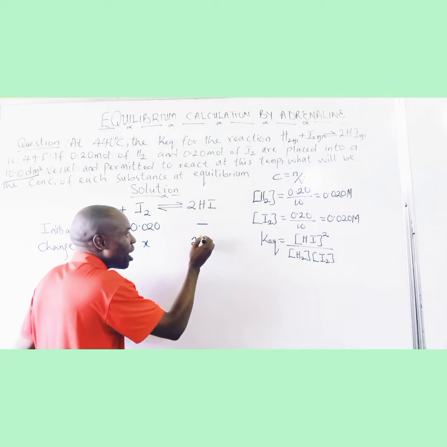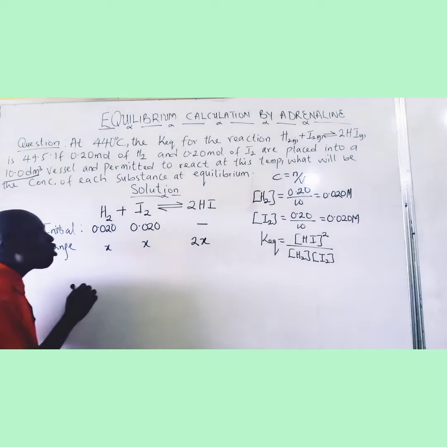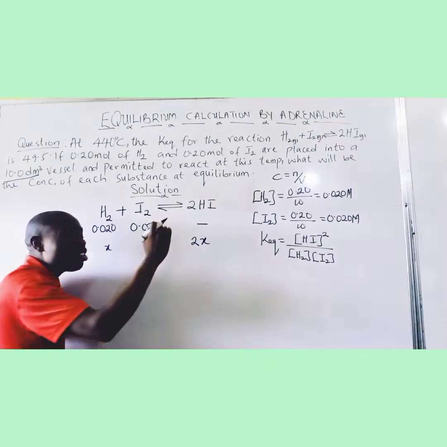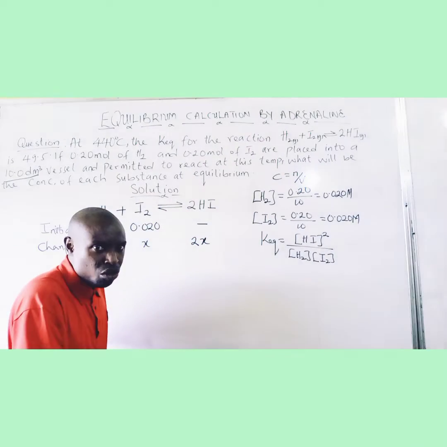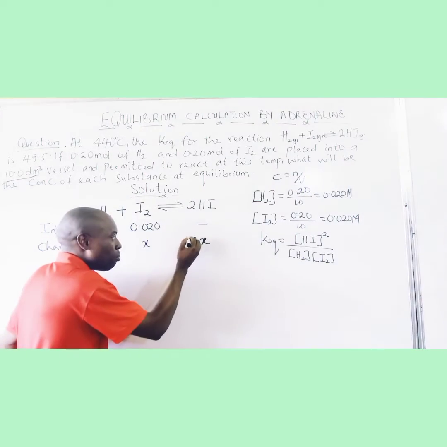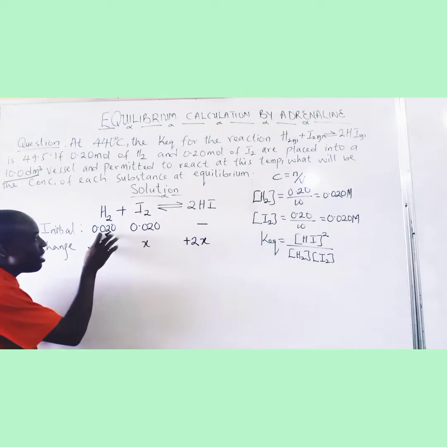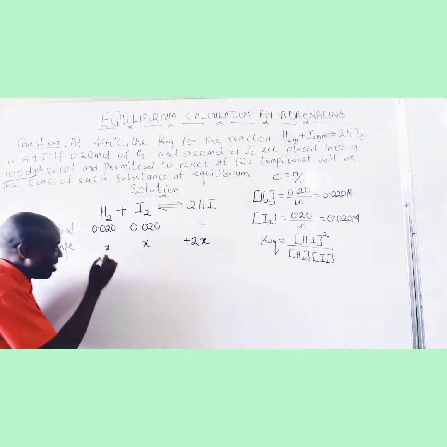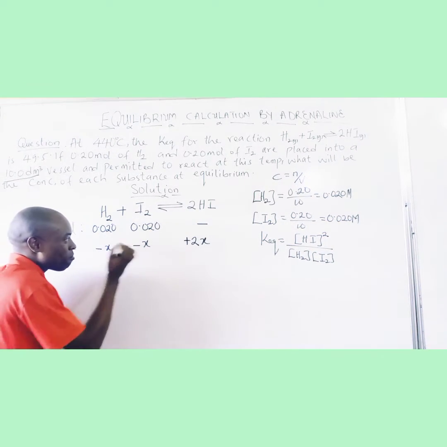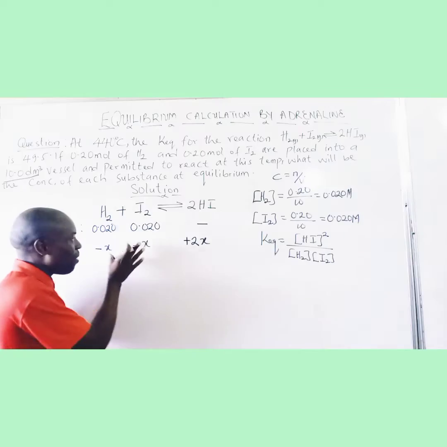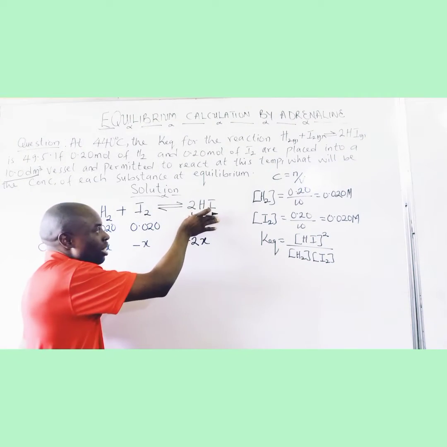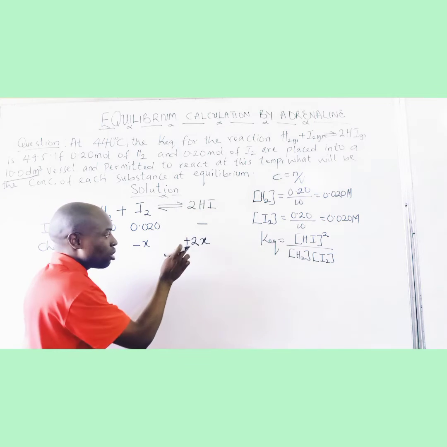Because the product is being formed, it takes a positive sign. Why that of the reactants? Because they are depleting, because they are being consumed, they take a negative sign. Please take note: the reactants often take negative signs, while the products formed take positive signs.